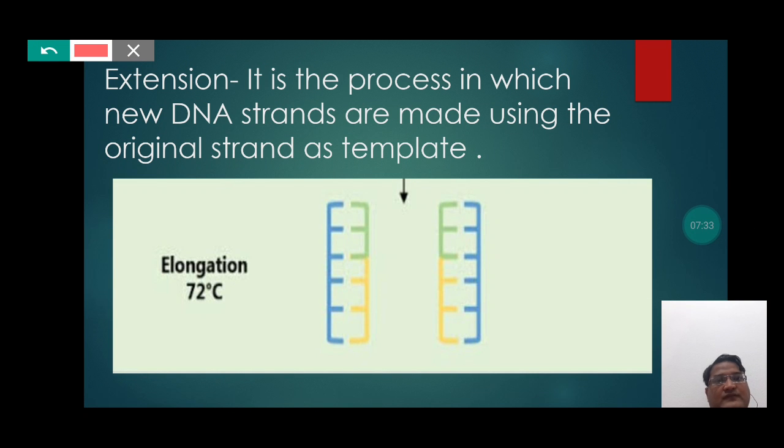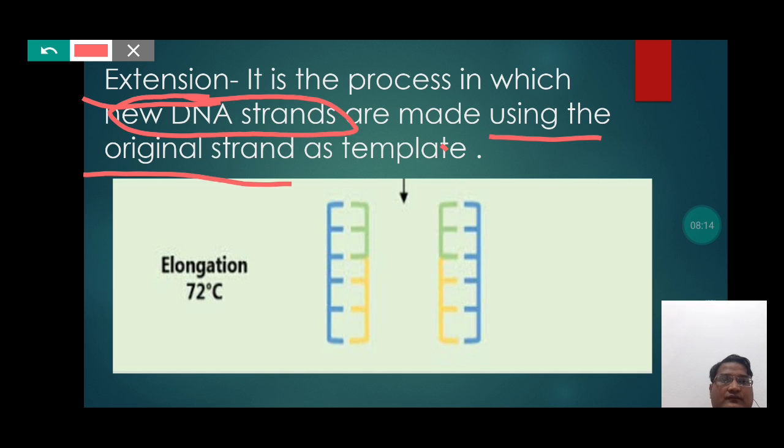So students, extension is the third most important step of polymerase chain reaction, in which the new DNA strand which has been made is further utilized for making copies of the original DNA, which is now being used as template.